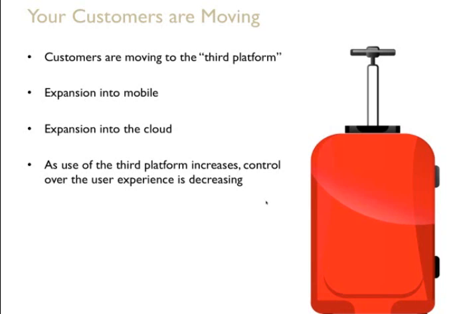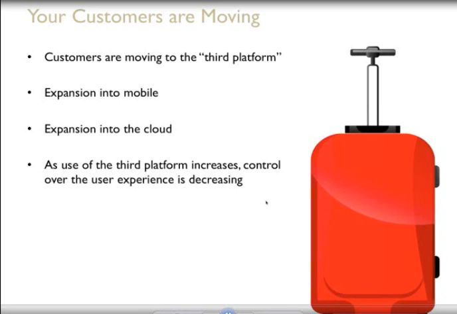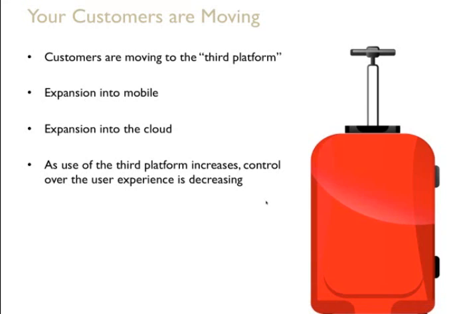So enormous expansion into mobile and the cloud, and creating lots of security problems, as we'll be discussing here today. And as use of the third platform increases, the control over the user experience essentially is decreasing. You have less control over that user experience simply because it's so widely distributed among so many venues like app stores and cloud-based tools, websites, and so forth. So this is an enormous problem, and organizations in many cases are still just getting their hands around this.